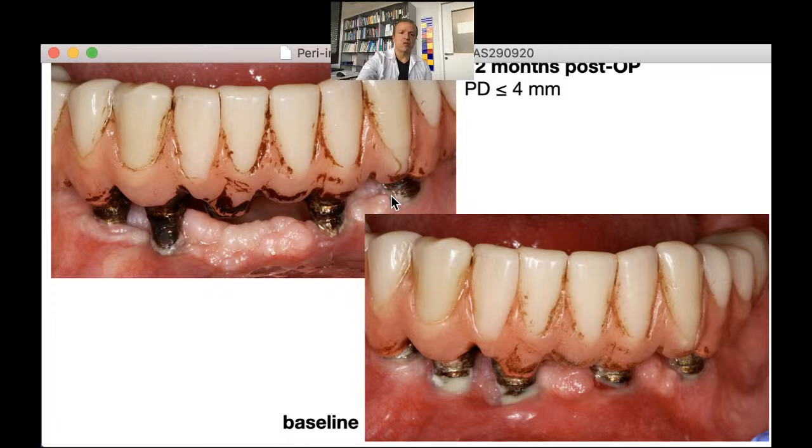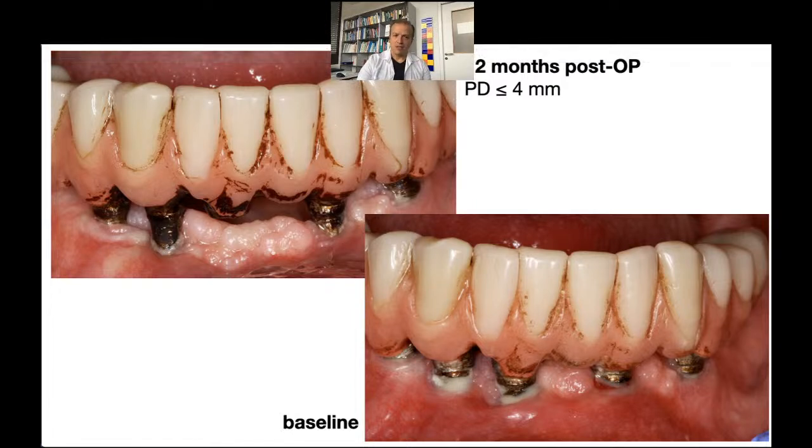Actually, this patient is also among the heaviest smokers in the world. He smokes 3-4 packs of cigarettes, and every time he comes, he says that next time he will quit smoking, next time he will brush much better, but it doesn't happen. And again, you can see that with this approach, you can get some good outcomes also in patients who are not the best candidates.